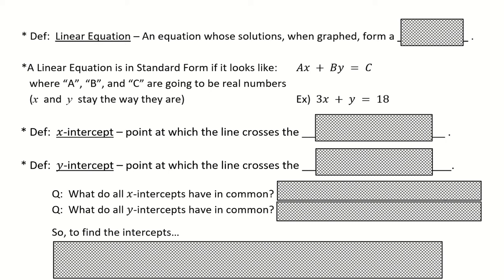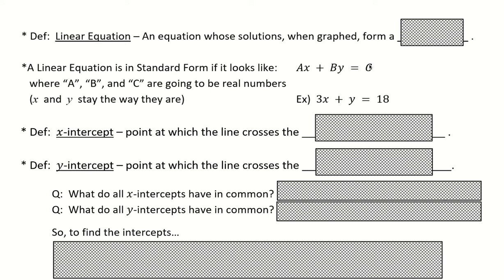Now, an even bigger rule, probably a little bit more of a strict rule, at least as far as I'm concerned, is that you're really not supposed to have fractions. So these numbers in front of the x and y, and also including the number constant on the other side, are not supposed to be fractions or decimals.